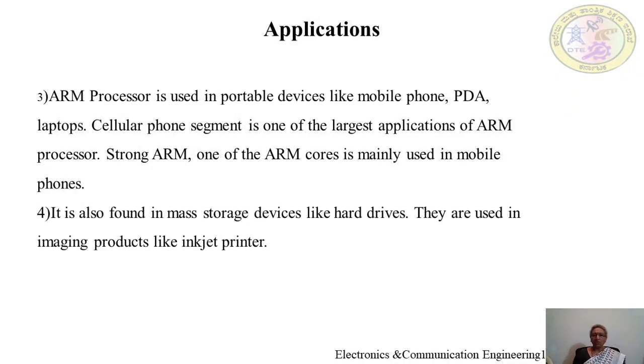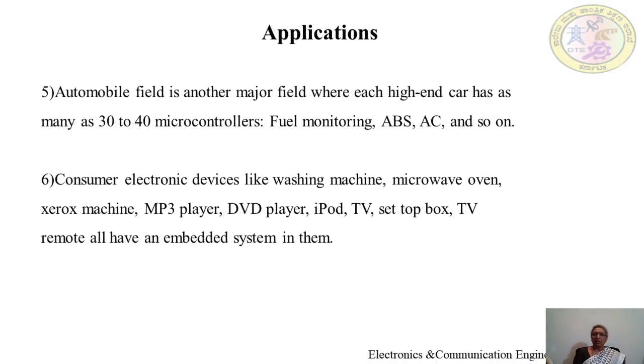ARM is also used in mass storage devices like hard drives. They are used in imaging products like inkjet printers. The automobile segment is another major field where ARM processors are widely used.